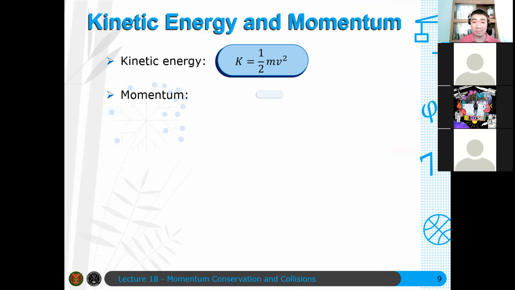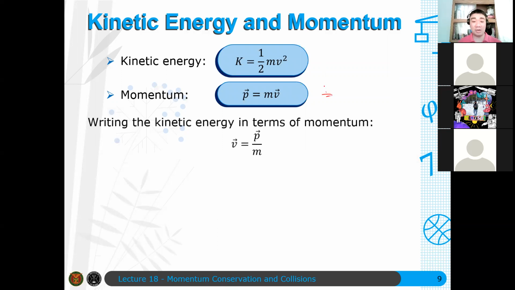Since P is mv, the velocity vector is P vector over m, and I can substitute it into K. One important thing I want to emphasize is that V dotted with V is equal to the magnitude of V squared. Why? Because it is simply the magnitude of V times V times the cosine of the angle between them. But what is the angle between two equal vectors?